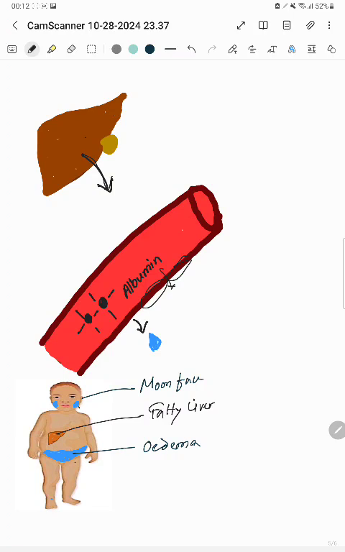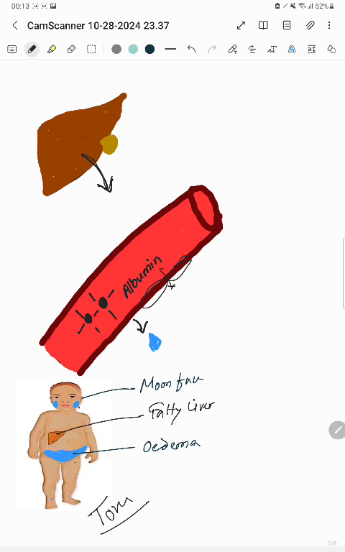So we can see here, this is Mr. Tom, and his face is resembling a moon-like face. So we can see the moon face here, and due to edema or accumulation of fluid, the abdomen is enlarged. We all know that albumin is a synthetic function of the liver.